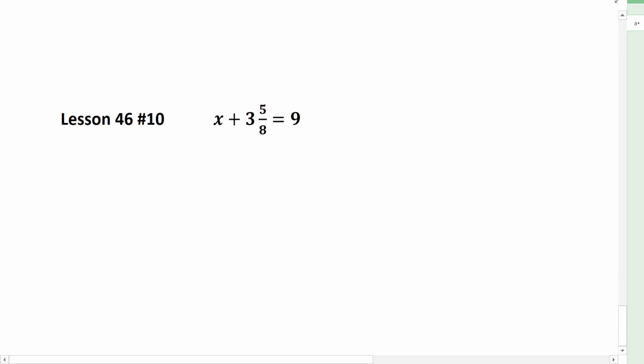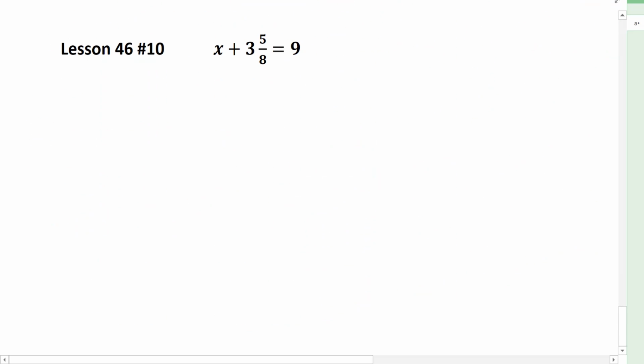All right, here's another situation. This time we have an addition problem where we're trying to figure out the missing number. So how do addition problems work? Well, let's see. 2 plus 4 equals 6. I write a simple addition problem. Now, if I didn't have that 2, if the first number in this equation was missing, and all I had was the 6 and the 4, how would I get that 2?